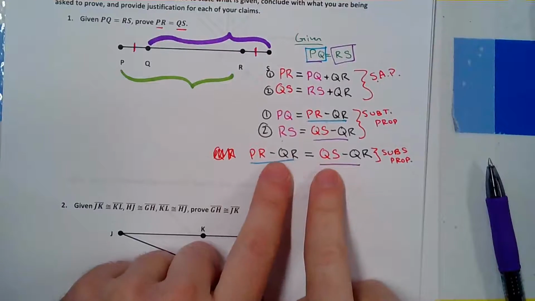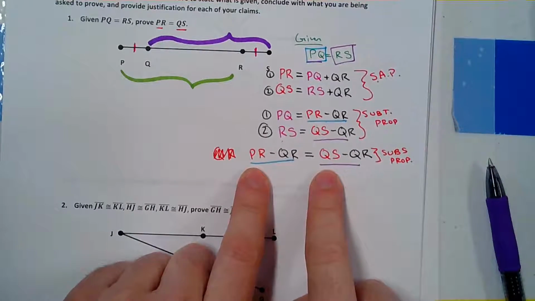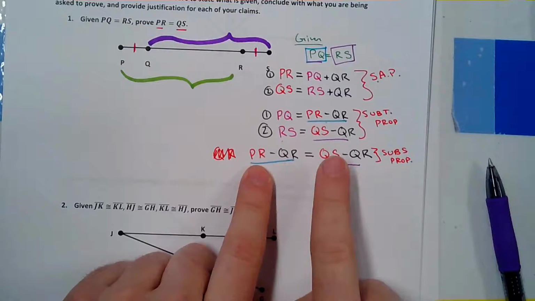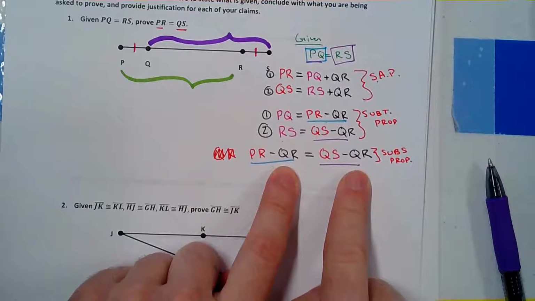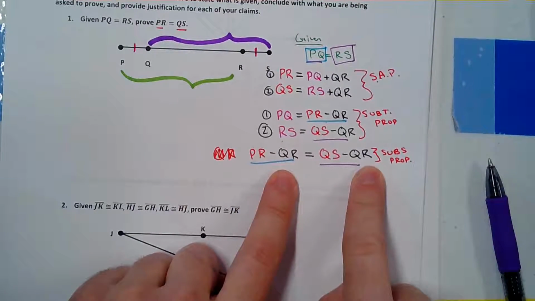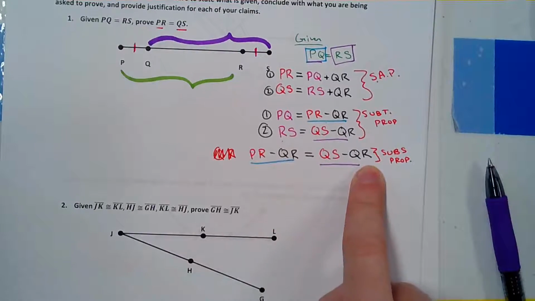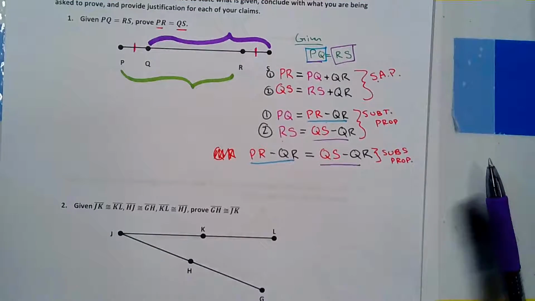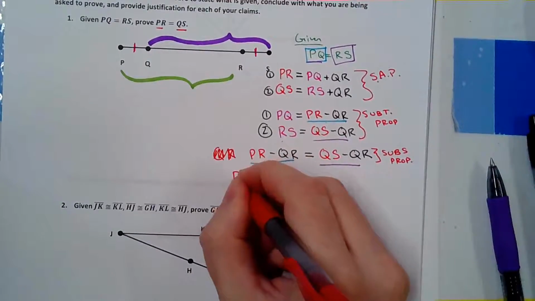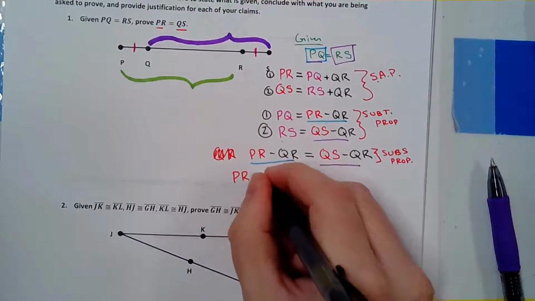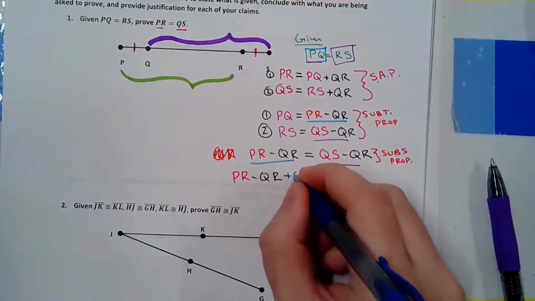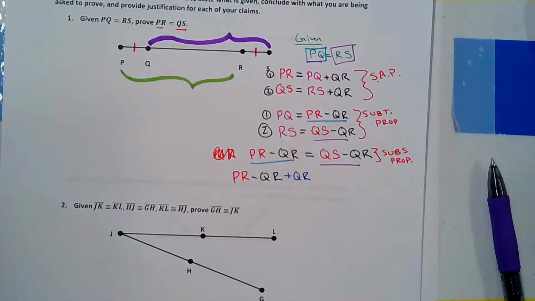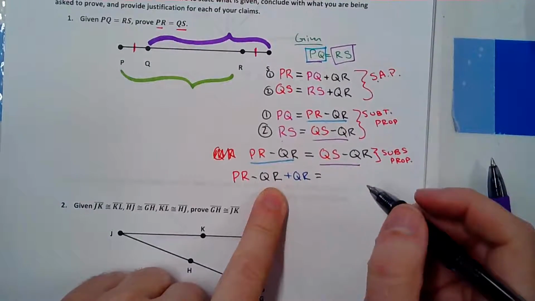Do you see how we're going to make PR and QS on their own? Would they equal each other? No? What happens if I add QR to both sides? If I move that QR over? They cancel, right? I add QR to a negative QR, they go away. So again, let me show you the steps. PR minus QR, and I'm going to add QR to both sides. Let's do it in dark blue, since I've already used red. So I'm moving that QR over.